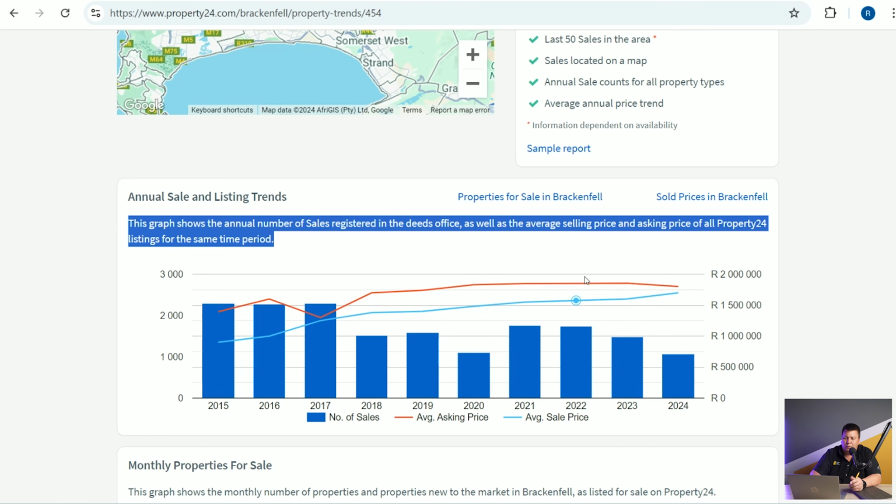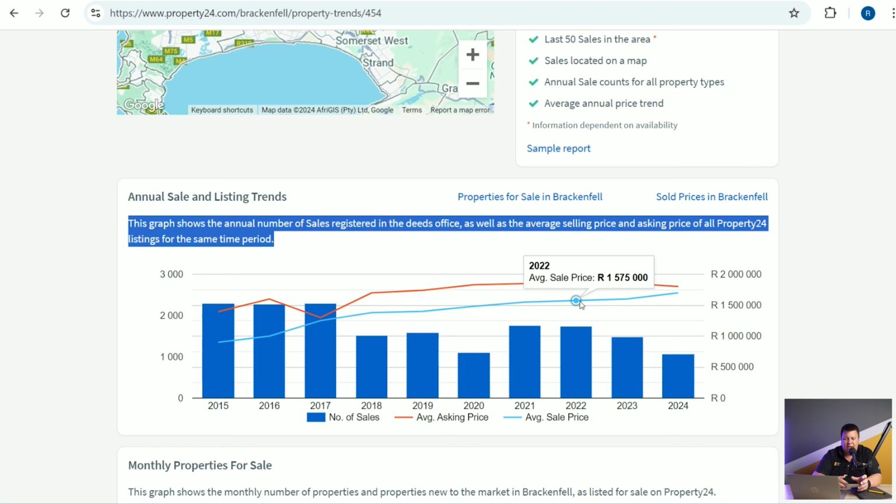So naturally, there will be a gap between the asking price of the average home listed on Property24 and the registered amount, because these are two different data sets. The asking price is only a portion of the market.